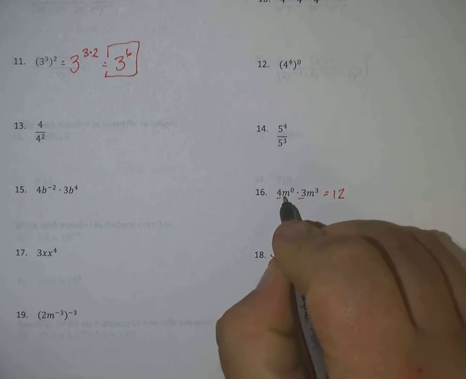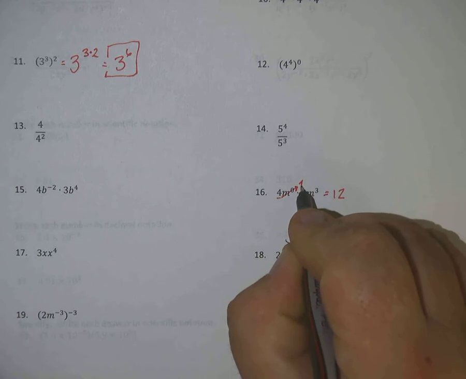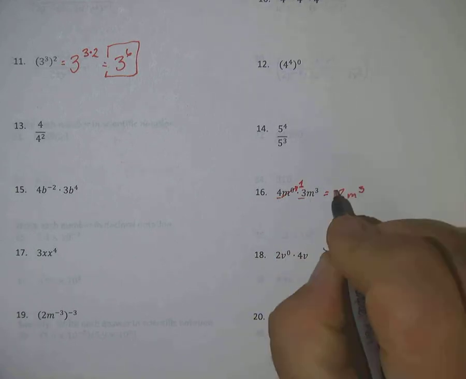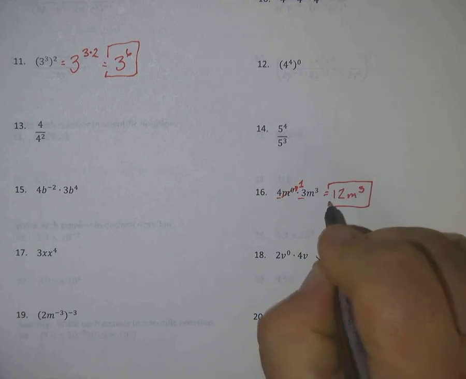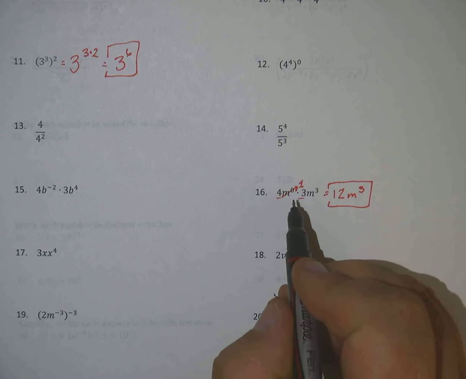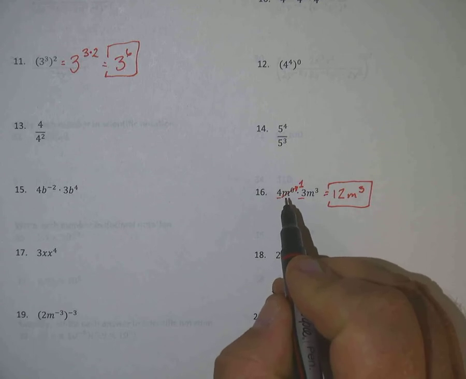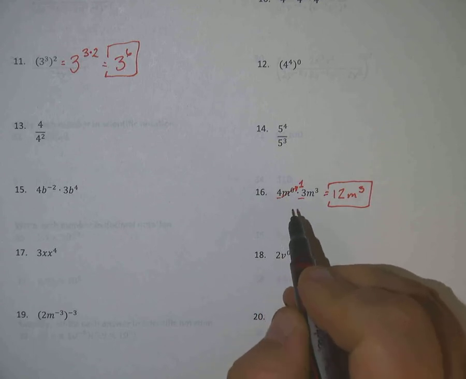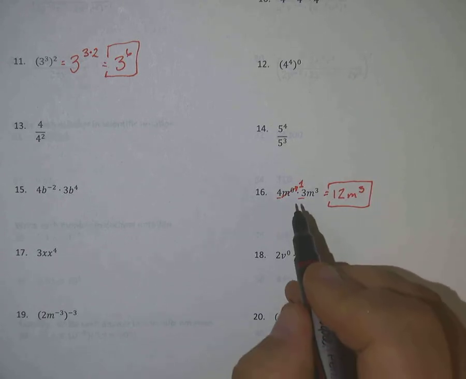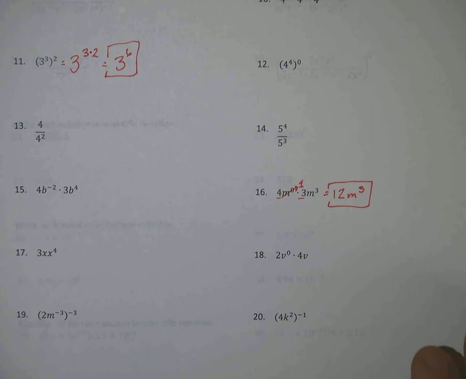M to the 0, anything to the 0 power is just 1. And m to the 3rd there. The mistake a lot of people will make is they'll think that 4m is raised to the 0 power. It's really only m that's raised to that 0 power, so the 4 doesn't go away. Just that m in that part of the problem.